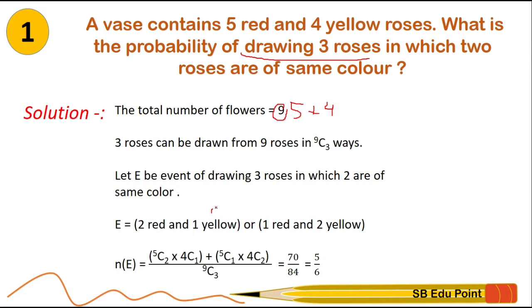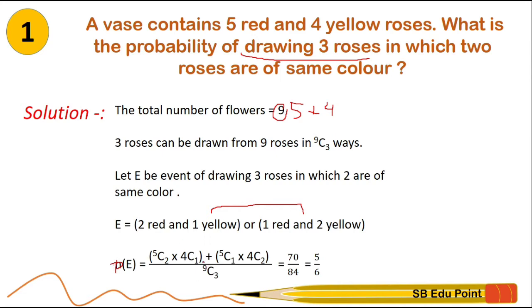So these are the 2 pair of combinations, and these are the favorable outcomes for the given event. Now the formula for probability is total favorable outcomes for the given event divided by total possible outcomes.